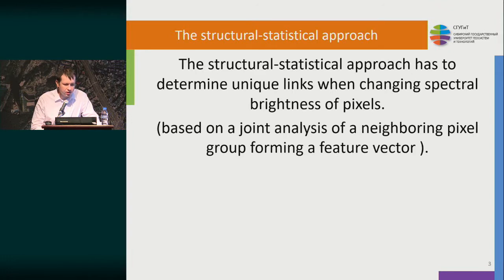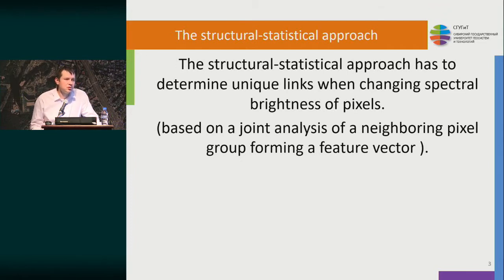One is structural, the other one is spectral. When we talk about spectral properties, we assess brightness of pixels. But when we talk about structural parameters, we assess linkages between neighboring pixels.